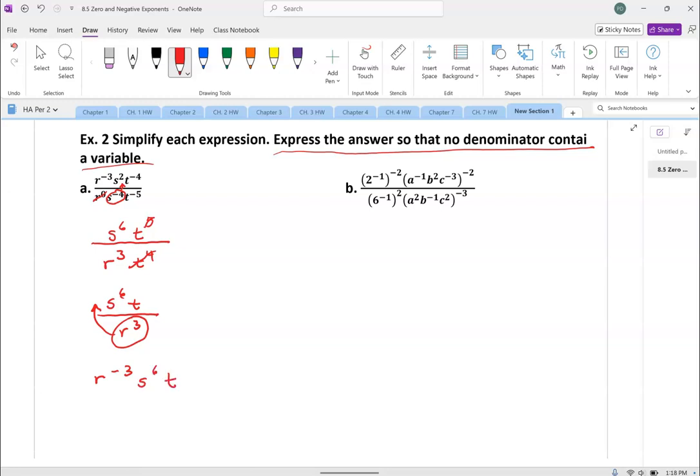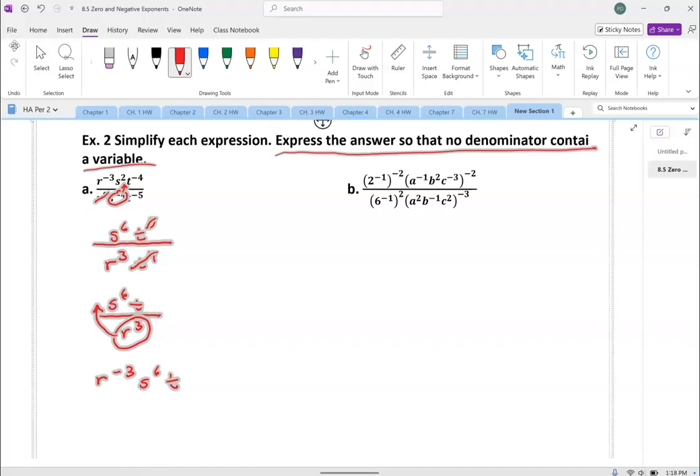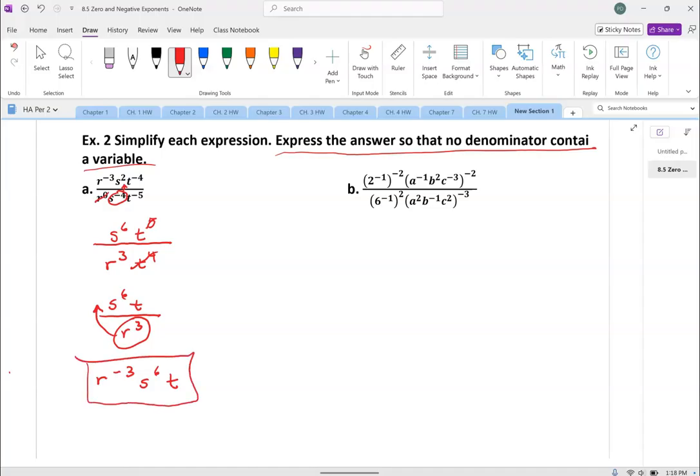Now, are we going to do that very often? No, honestly, we're not. But because the directions say that this time, we have to make sure that we leave all the denominators out, and we're going to write it with a negative exponent. But 95% of the time, we don't want to have a negative exponent, okay? So good thing I caught that and read the directions a little bit. Hopefully you don't make the same mistake I did.